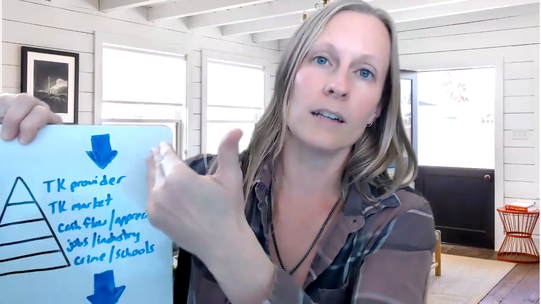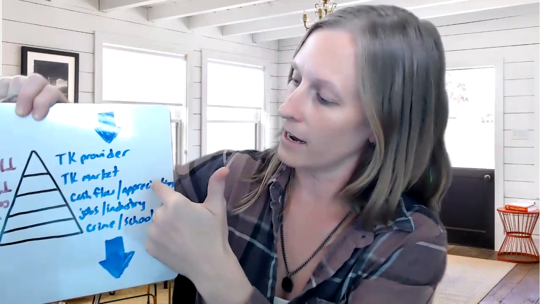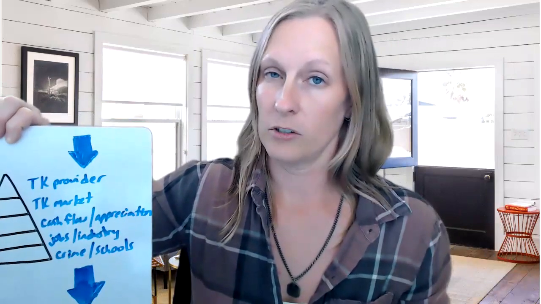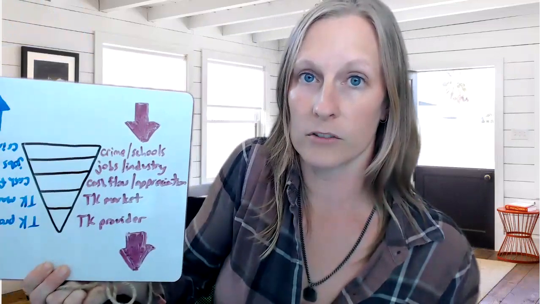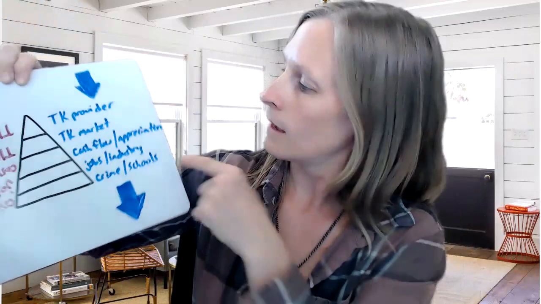Keep those on the list. So what we're doing here is whittling down our options. Let's say now, after this cash flow and appreciation question, you're down to 2 providers in 2 different markets. See how much easier this is than going from big to small?